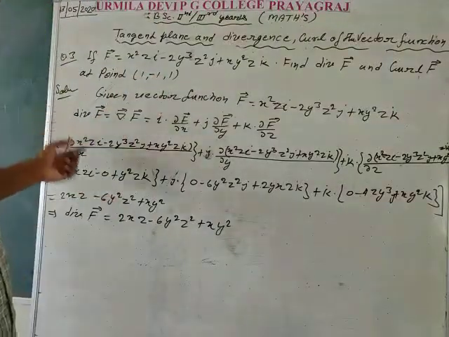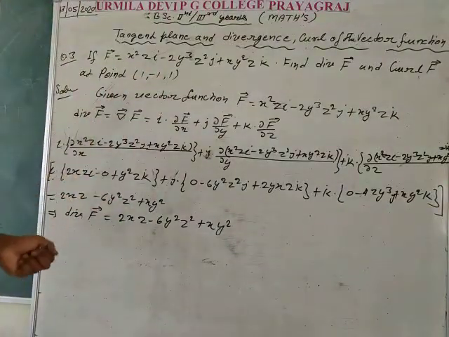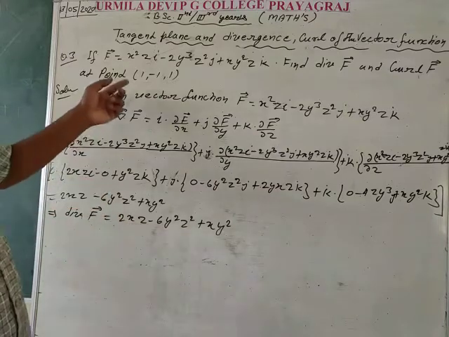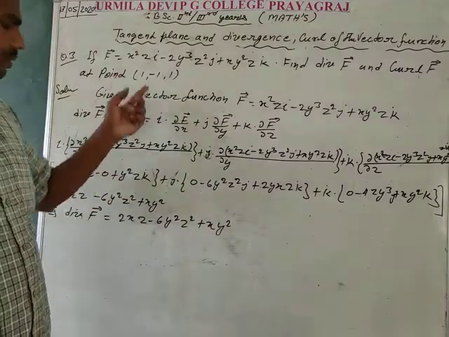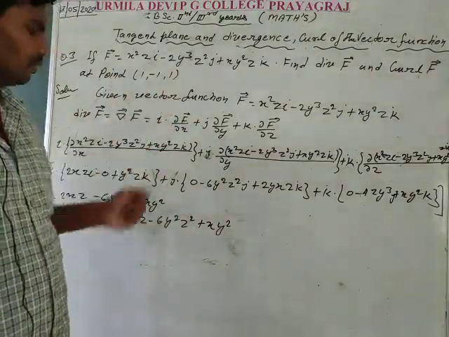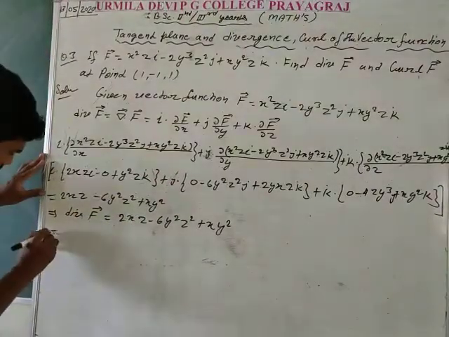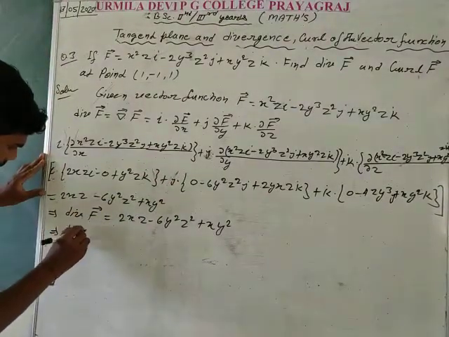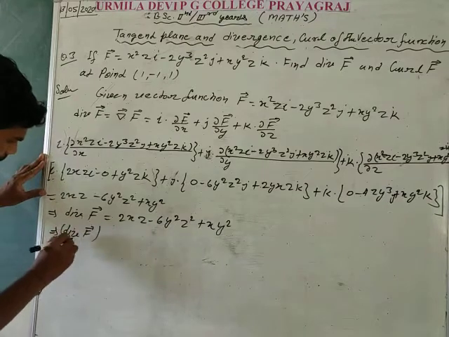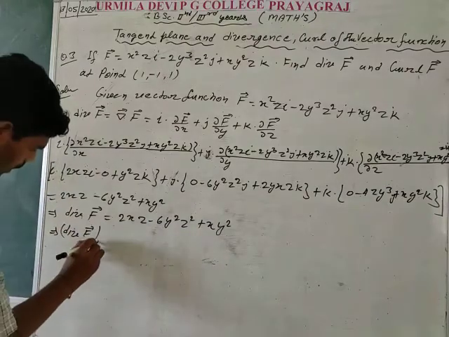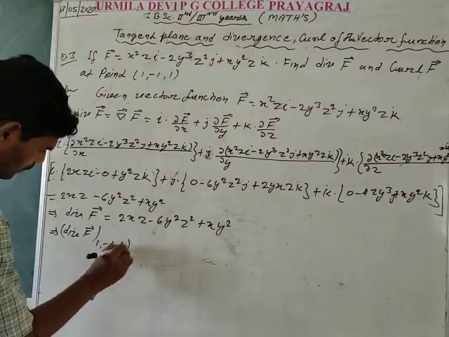Therefore, putting the values of x, y and z: x is equal to 1, y is equal to minus 1, and z is equal to 1.